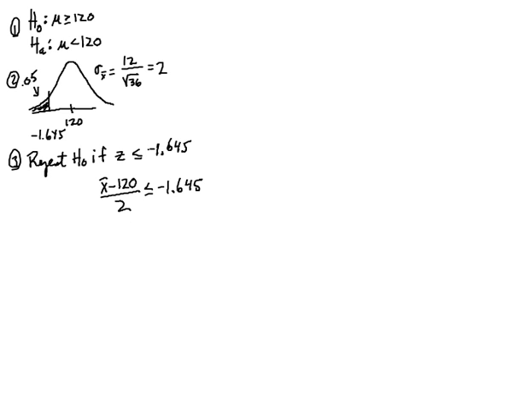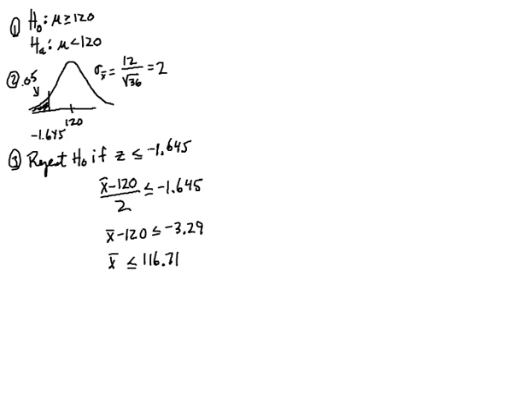And now I'm going to solve this for the x bar. So I'm going to multiply both sides by 2. So I got x bar subtract 120 is less than or equal to negative 3.29. And then x bar, adding the 120 to both sides, I'd have x bar is less than or equal to 116.71.